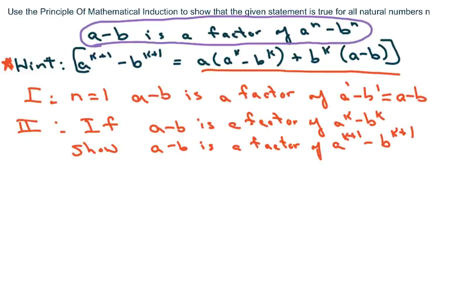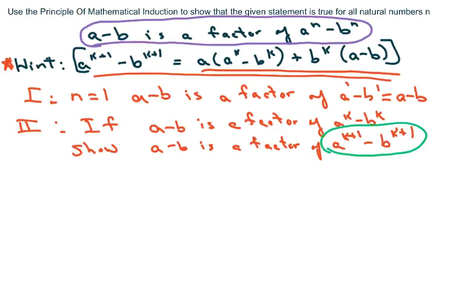So this is where we're going to work this out. We take this piece here and write it out: a times a to the k minus b times b to the k. Then we do a trick that we did in a previous problem.